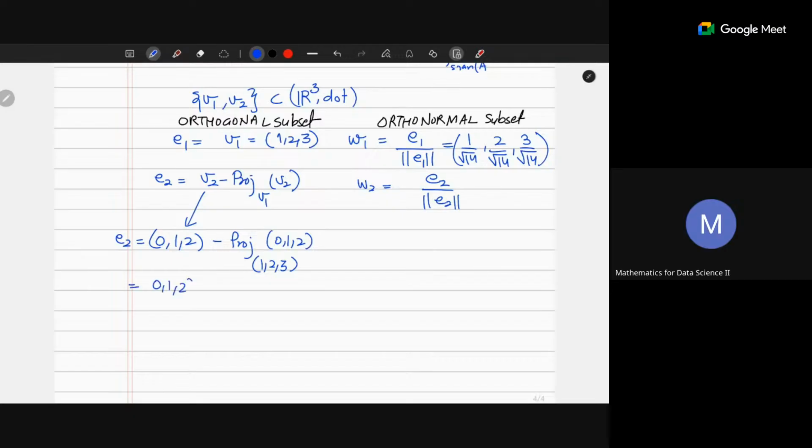Now for this projection, you need to take the inner product of 0, 1, 2 with 1, 2, 3 in the direction of 1, 2, 3, and then divide by the norm square.